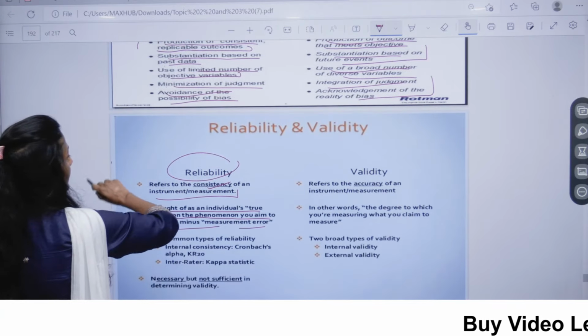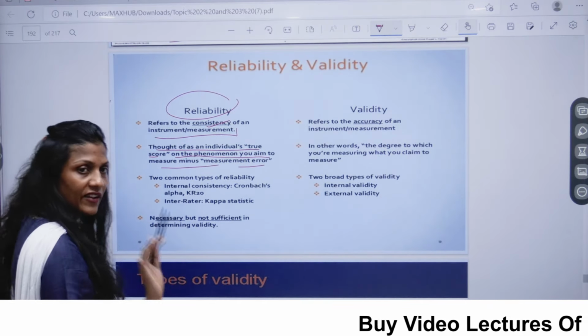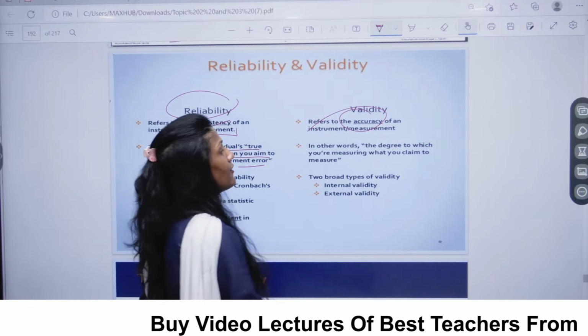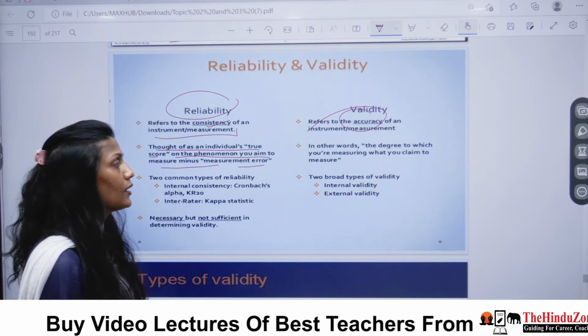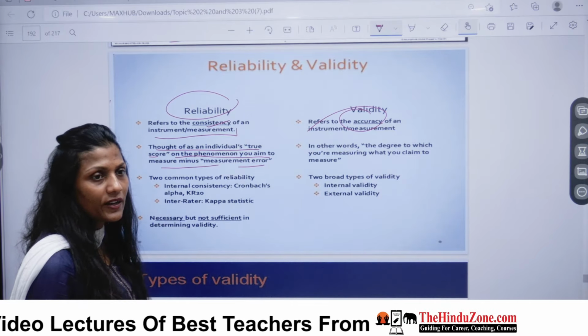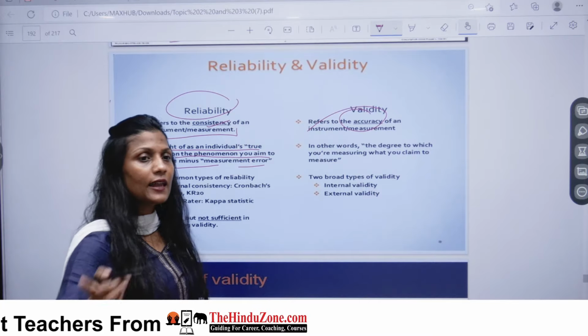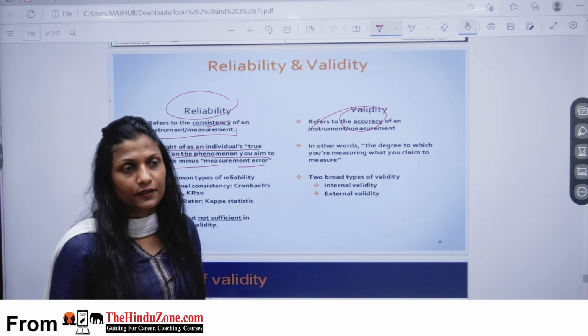Is it understandable or not? Validity means accuracy. How accurate are my findings. If I wanted to understand poverty, but I understood something else, then my research is not valid.